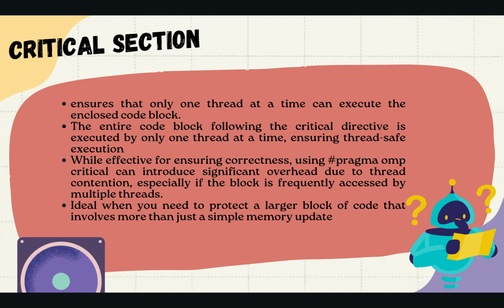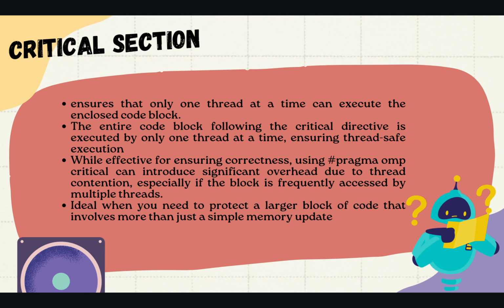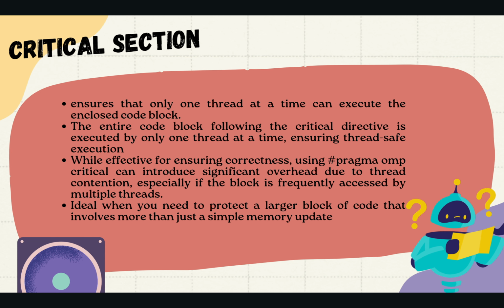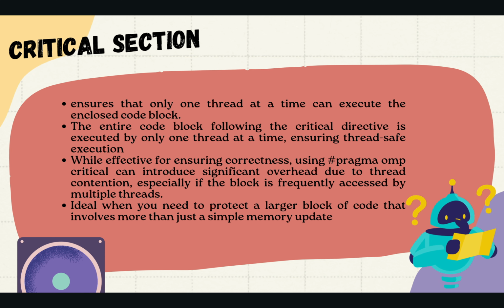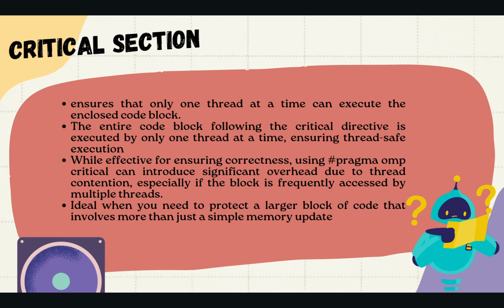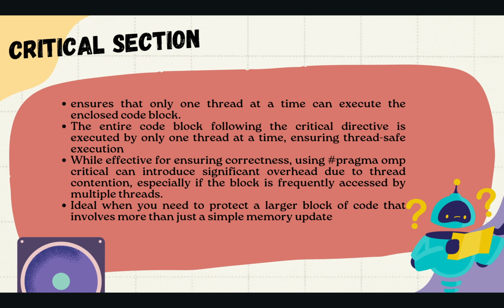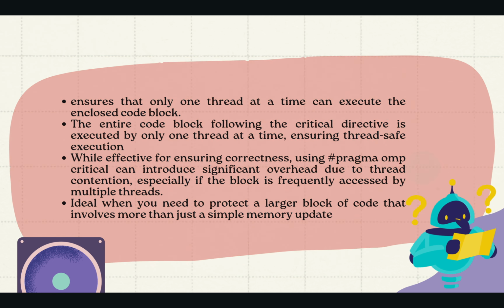While effective for ensuring correctness, using pragma omp critical can introduce significant overhead due to thread contention, especially if the block is frequently accessed by multiple threads. It is ideal when you need to protect a large block of code that involves more than just a simple memory update.